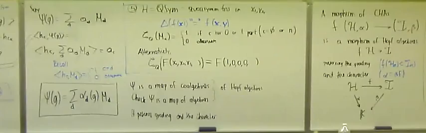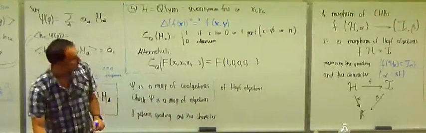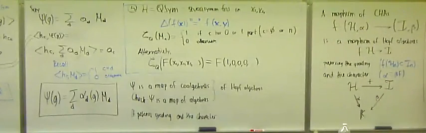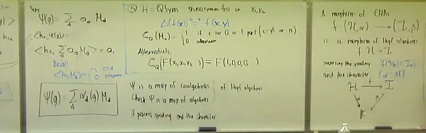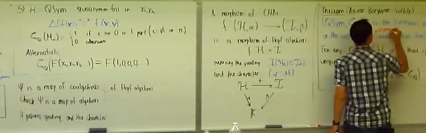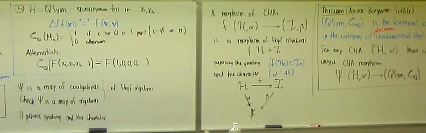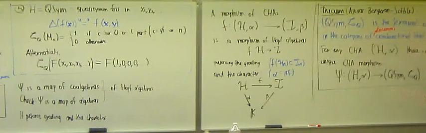So let me find a red pen, and I'm going to change the statement here to say that if you focus your attention to co-commutative Hopf algebras, if you only look at that category, it turns out that this is the terminal object.